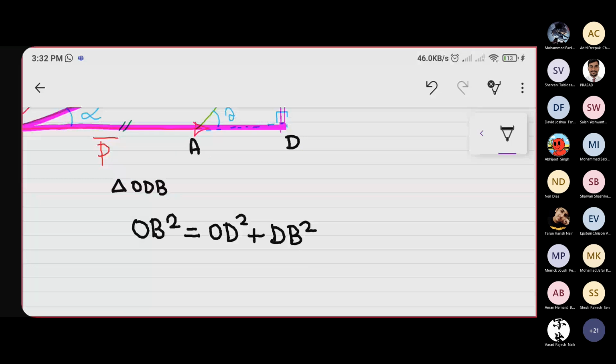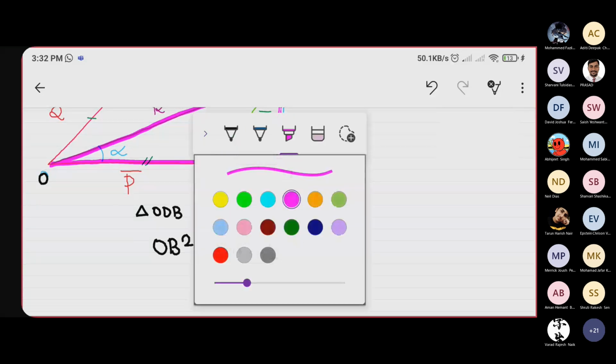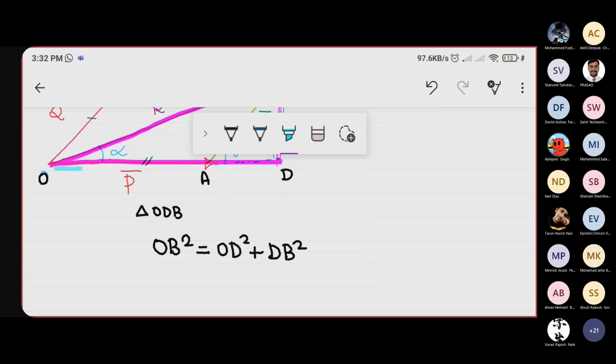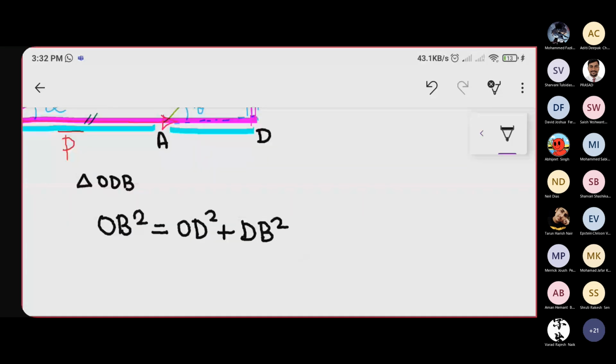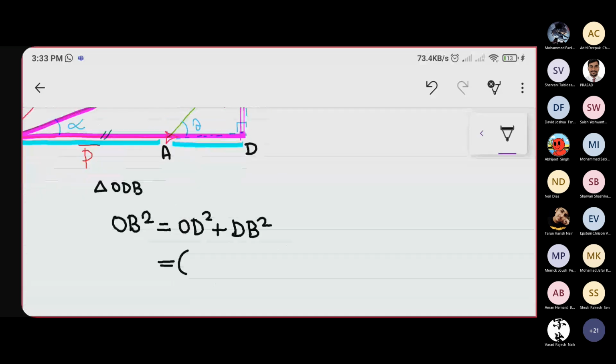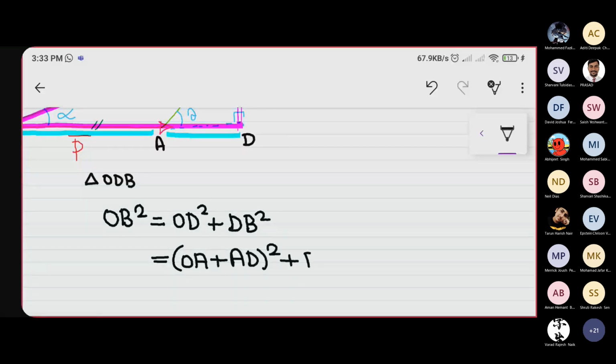Now this OD consists of two parts. You can see here, it consists of first part OA and another part AD. So instead of OD we can write the addition of two parts, that is OA plus AD bracket square, plus DB bracket square.